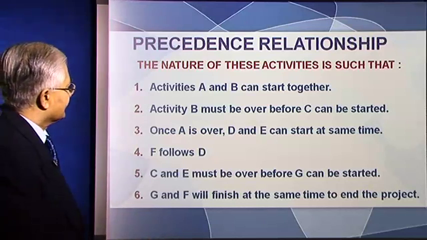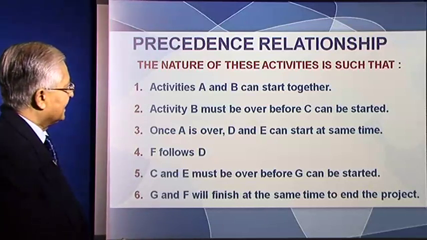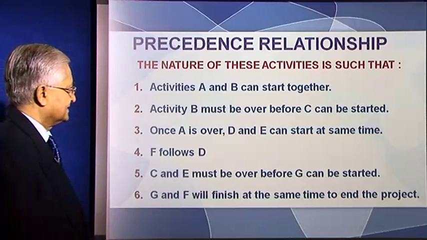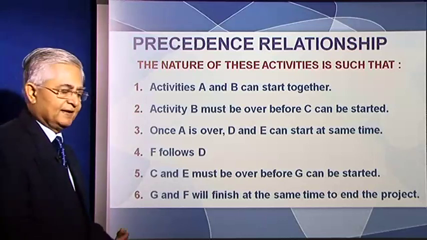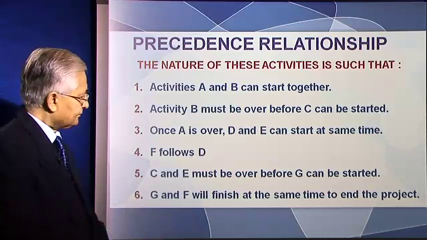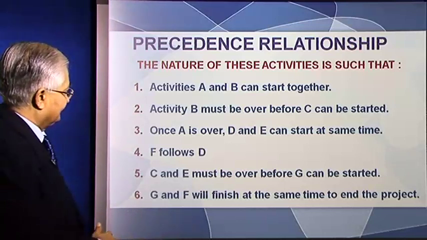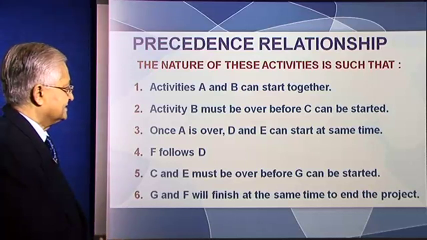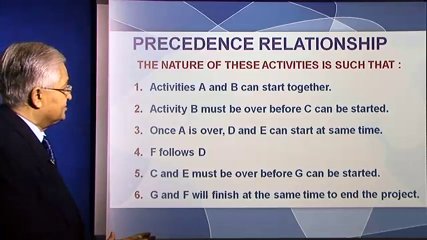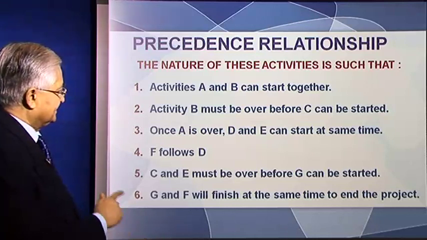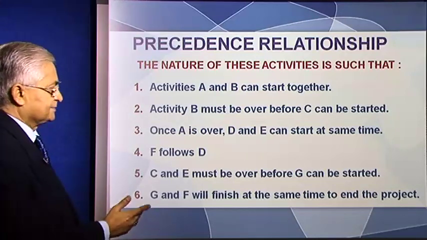For instance, activity D and E can start only after activity A is over, but they can start at the same time. Activity F can start after activity D is over. Before activity G can start, activity C and activity E must be over.